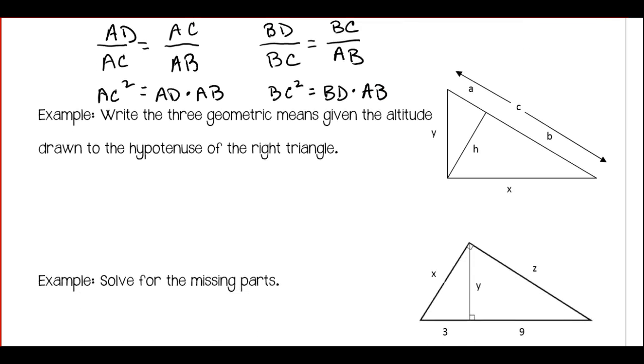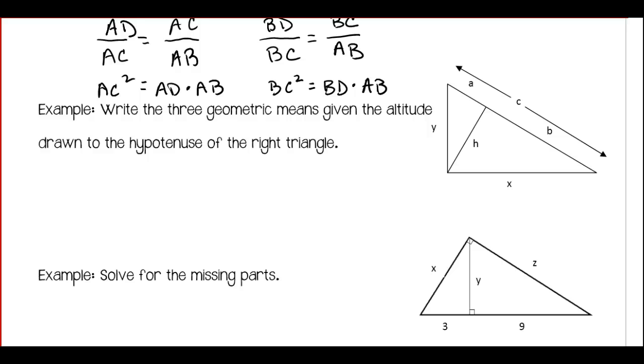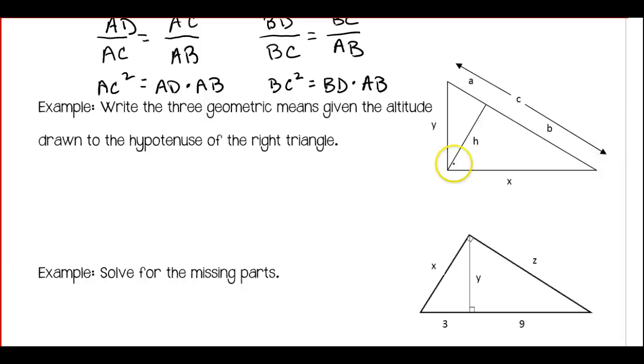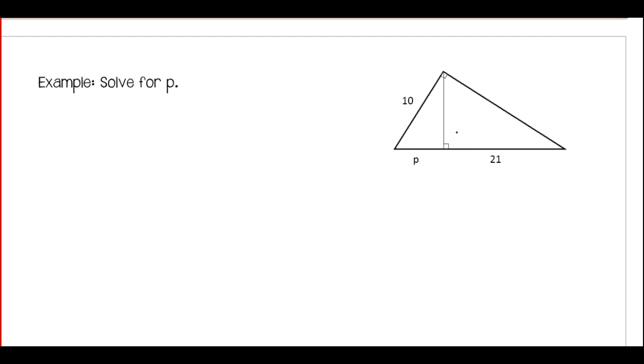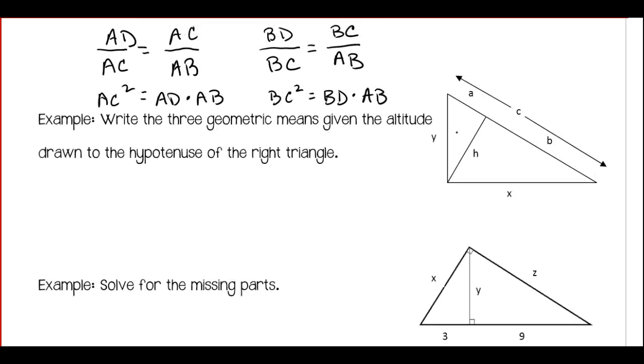Alright, so for the first example, we want to write the 3 geometric means given the altitude drawn to the hypotenuse of the right triangle. So we've got a right triangle, and we've got an altitude here.